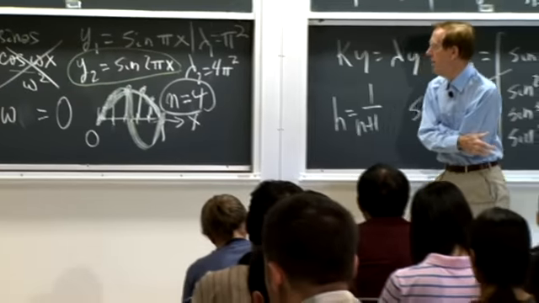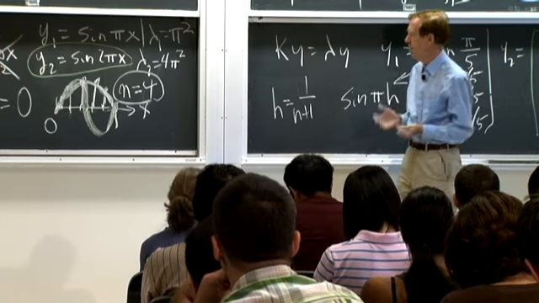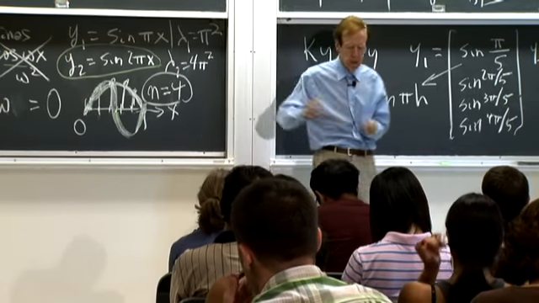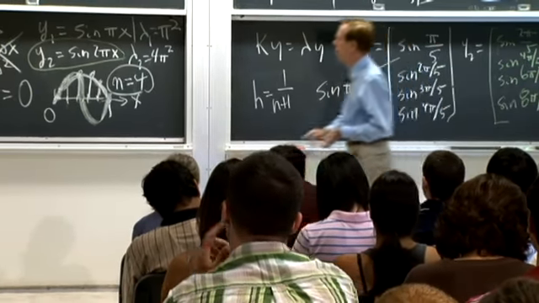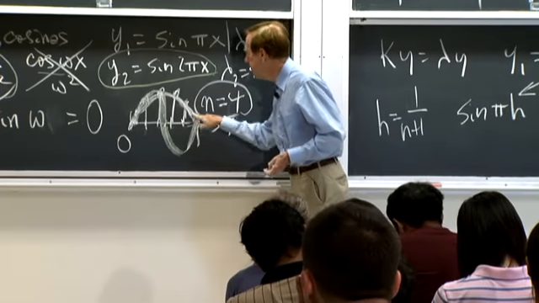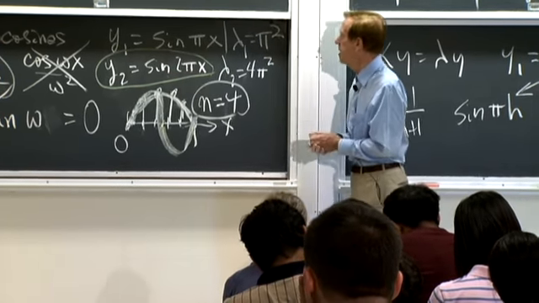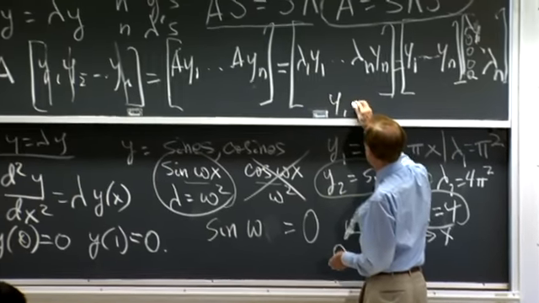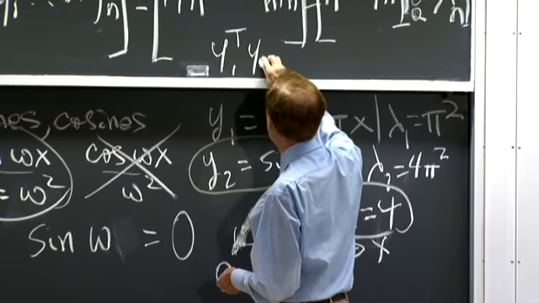Now you may quite reasonably ask, what do I mean by that? What does it mean for 2 functions to be orthogonal? As long as we're getting all these parallels, let's get that one too. I claim that this function is orthogonal to this function. What does that mean? Could I write dot or transpose or something?